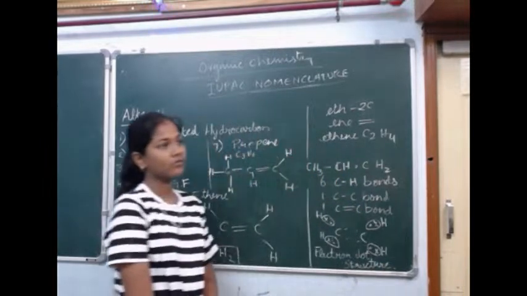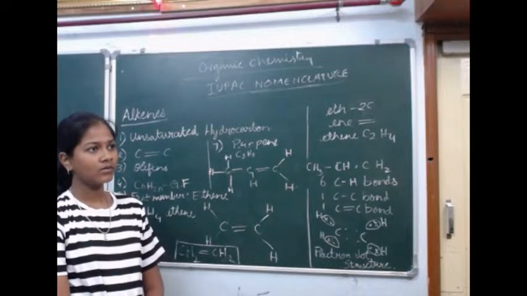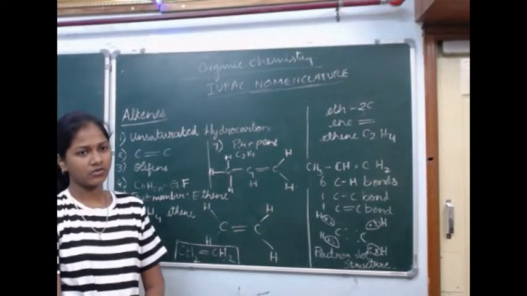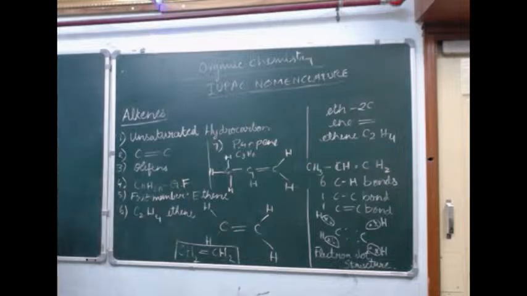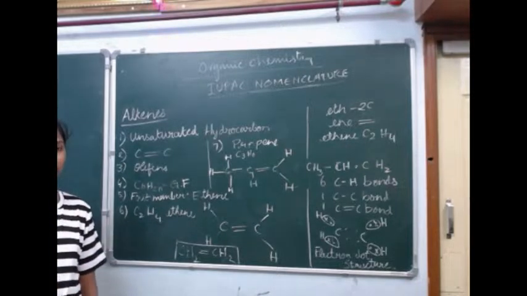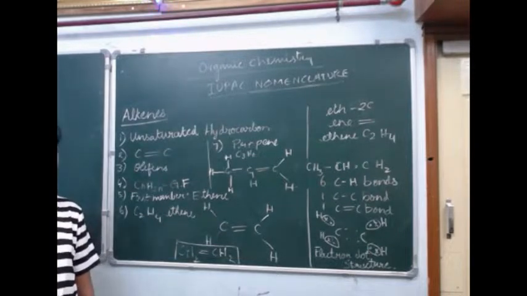What is the formula of ethene? C2H4. And how many double bonds are there? Only one double bond. So can you write down similarly propene? Propene we have already written.